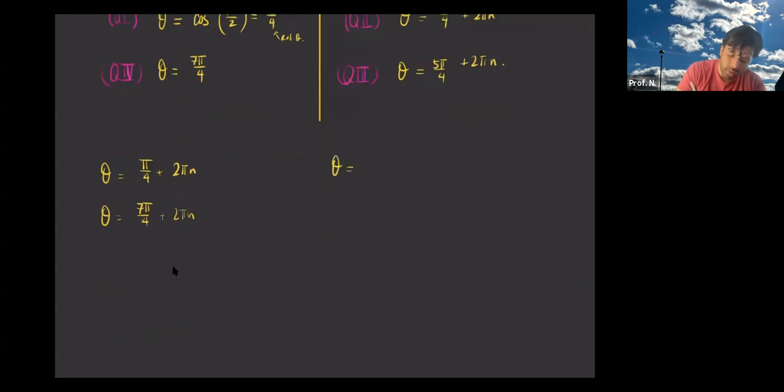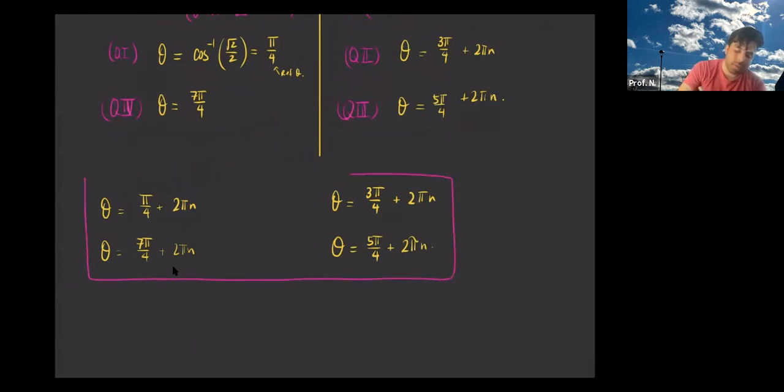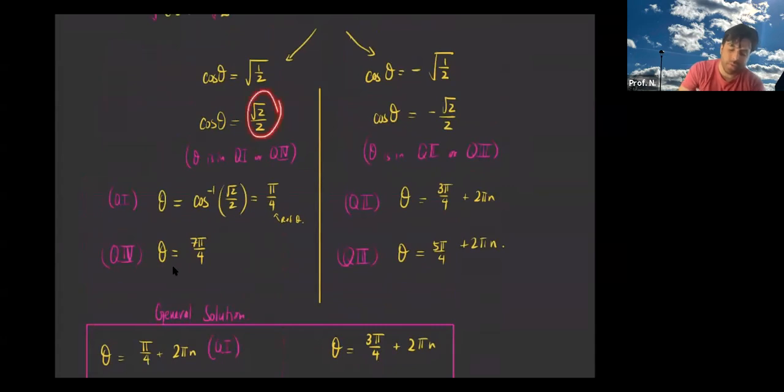So I have a lot of angles, as you can tell, to keep in mind. And this, my friends, is my general solution. All of this. It's a little strange to write it out this way, but these are all of them. Theta could be everything in quadrant 1 and everything in quadrant 4. These give me the positive root 2 over 2 values.